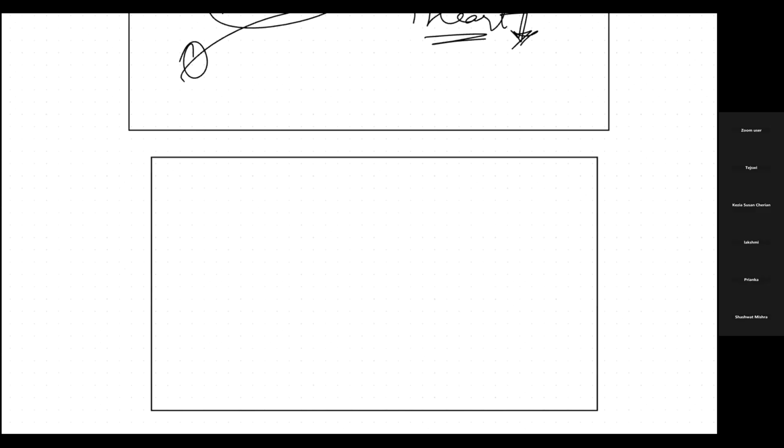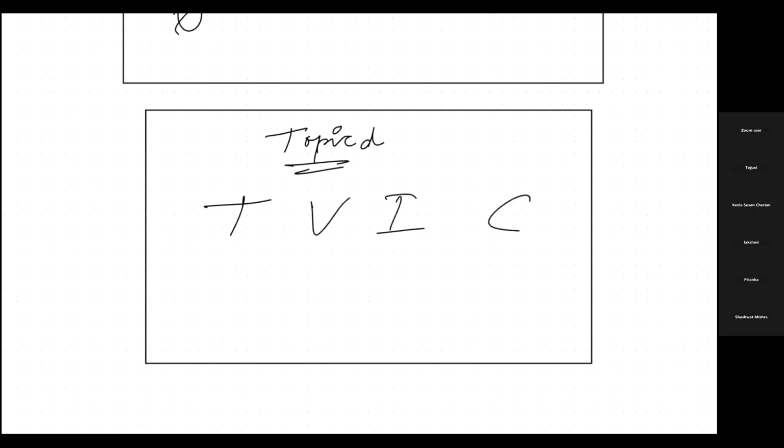The last one in the routes of drug administration is topical. For topical, again we have a trick. I don't know if we can call it a trick or not, but it is a tweak.